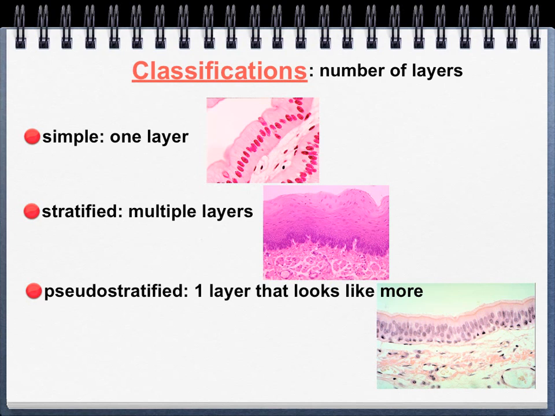So pseudo-stratified means it looks like it's stratified, but it really isn't. If you look at that last micrograph over on the right, all of those darker purple things are nuclei, and they're not all lined up in a nice row like you can see on that top micrograph. So that implies that there are different cells at different heights, which there aren't.